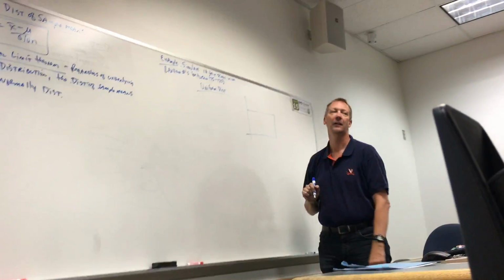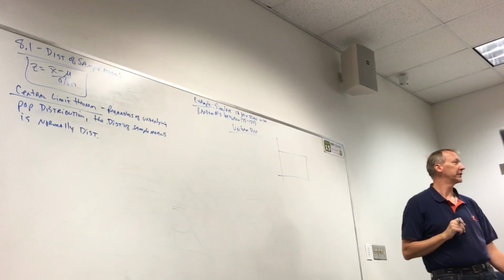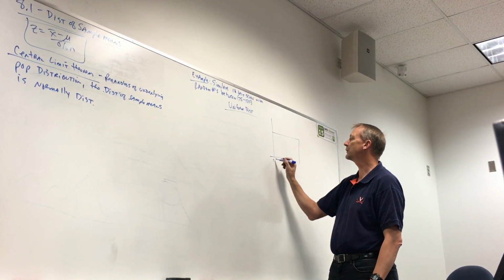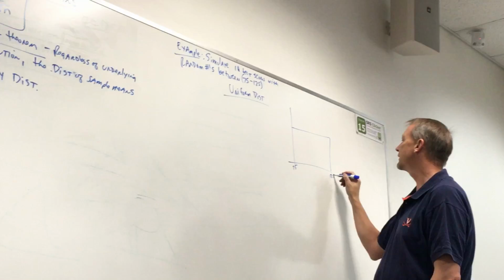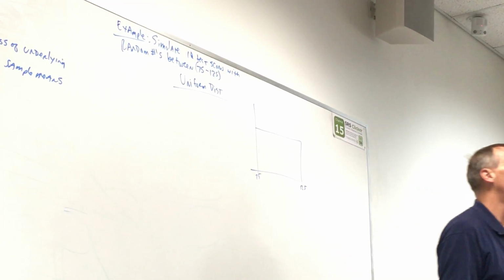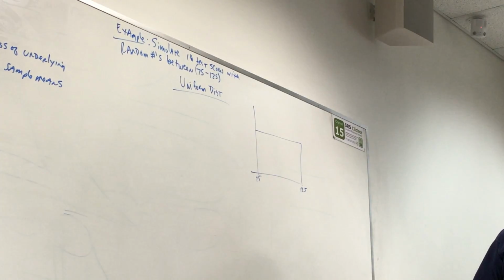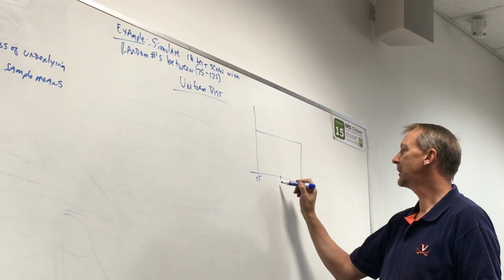Which doesn't look like a bell curve at all, does it? In this case, my rectangle is going to go from 75 to 125, right? Now, I'll bet you, without very much thought, you could tell me what you think the mean of this distribution should be. You would expect the mean to be about 100.